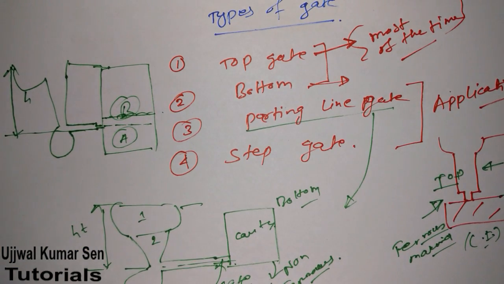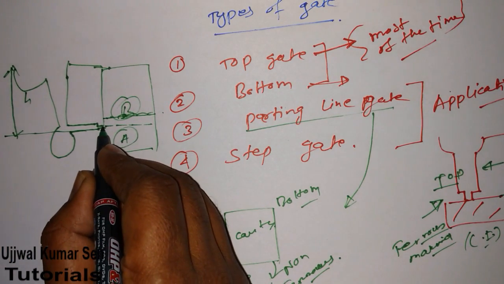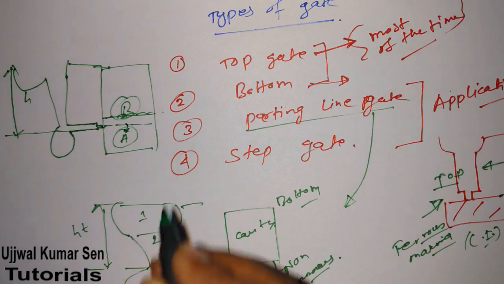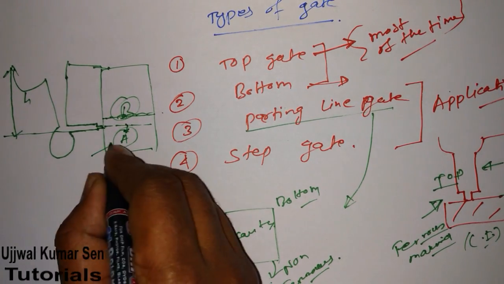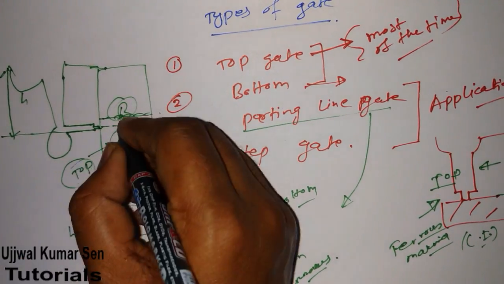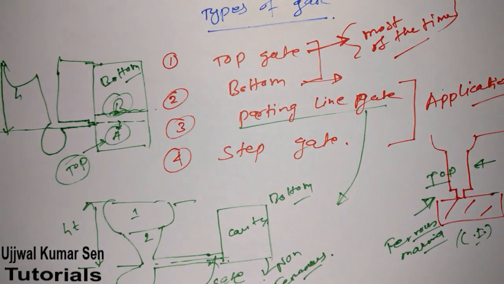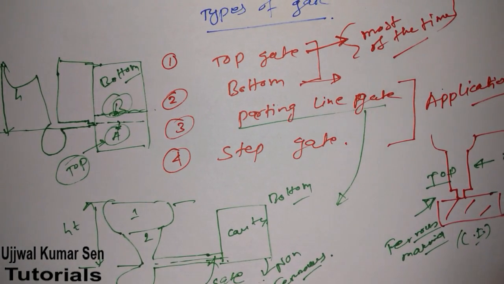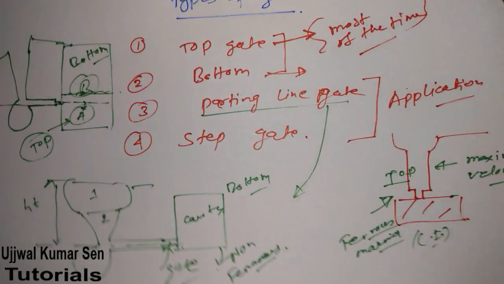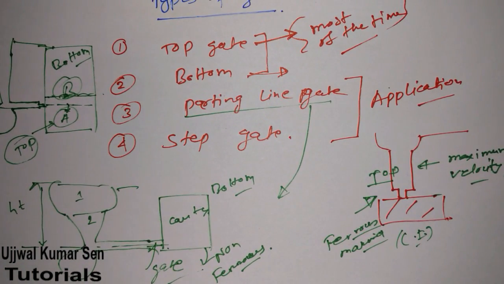Suppose that this is a gate. So for A part it is acting like top gate, and for B part it is acting like bottom gate. So if we are using parting line gate, that means we are getting advantage of both gating systems, top gating and bottom gating.